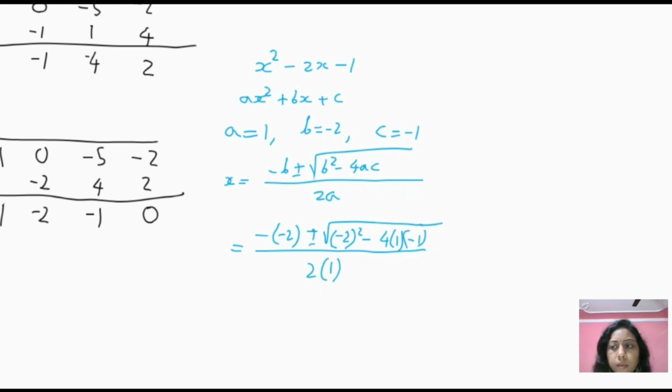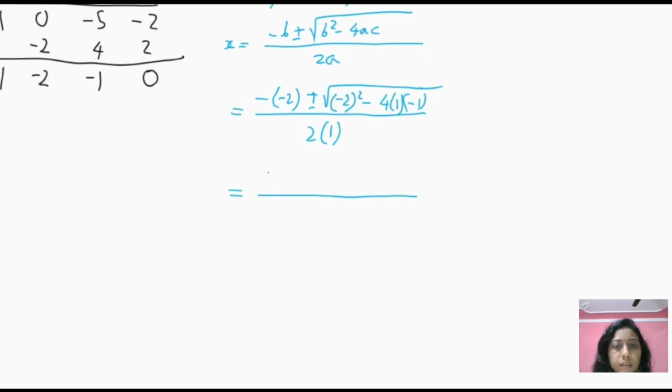The a value is 1. Minus minus is plus 2, and here minus 2 square is 4. This is minus minus plus, and 4 times 1 times 1 is 4, divided by 2.